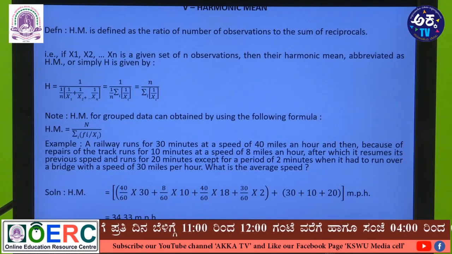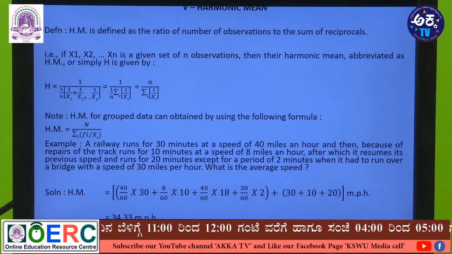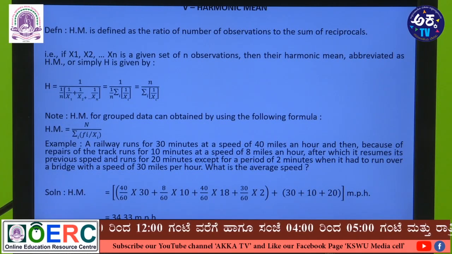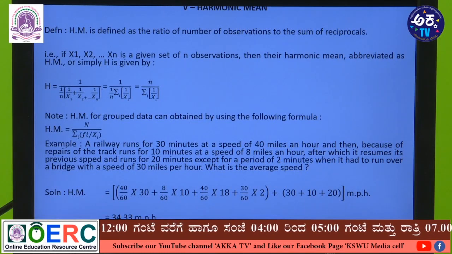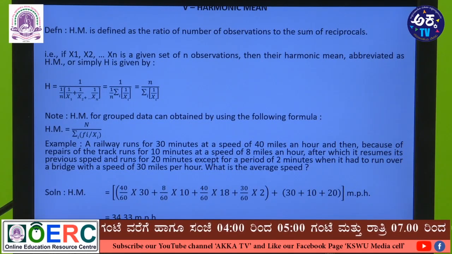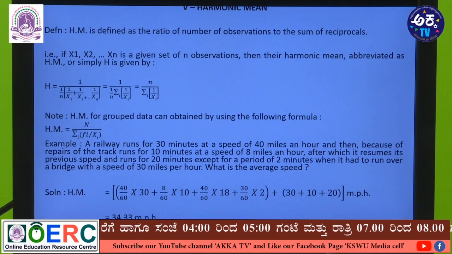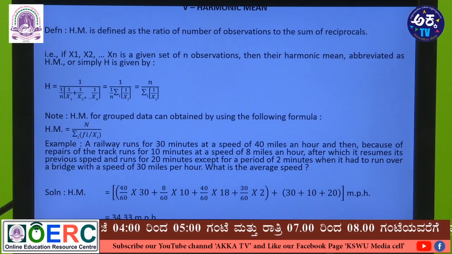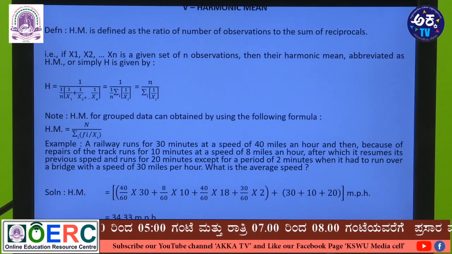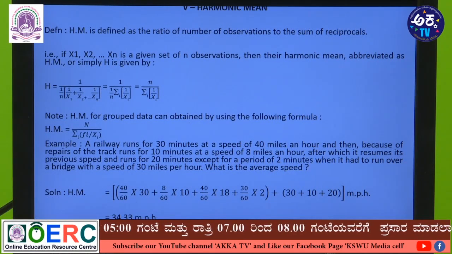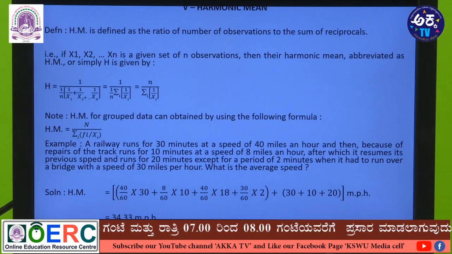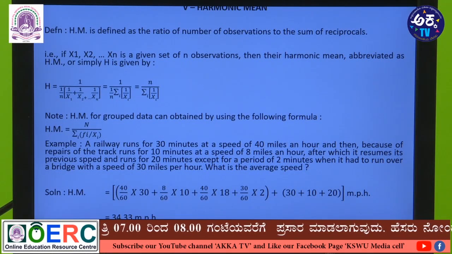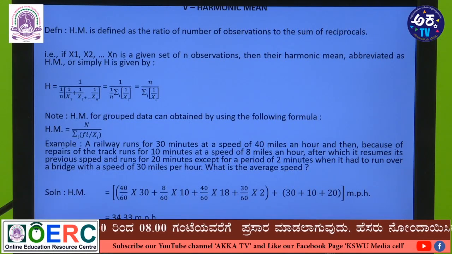In fact, it is the ratio of reciprocals, and that is why if x1, x2, xn are the given set of observations, what we are supposed to do is generate another column with their reciprocals. For example, if x1 is there, find 1 upon x1, if x2 is there, find 1 upon x2, like that generate the second column, take its sum, and then n divided by the sum of these reciprocals will give us harmonic mean.